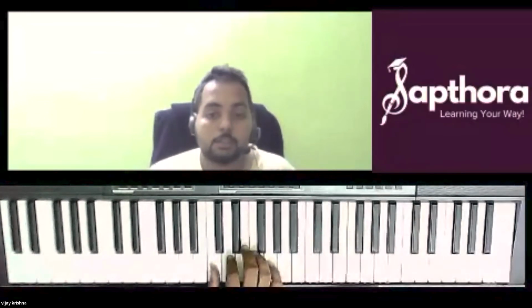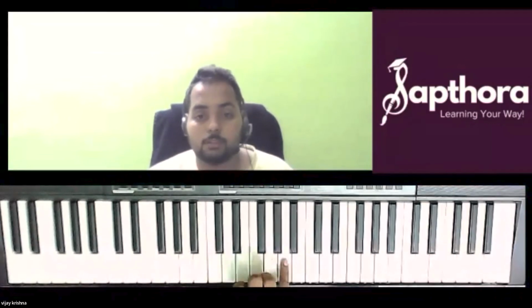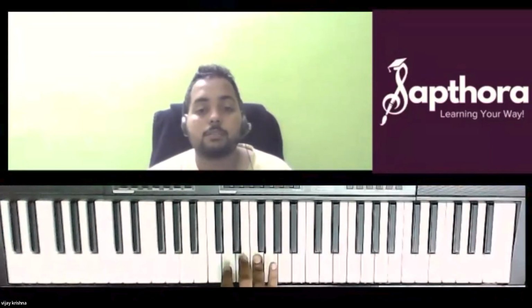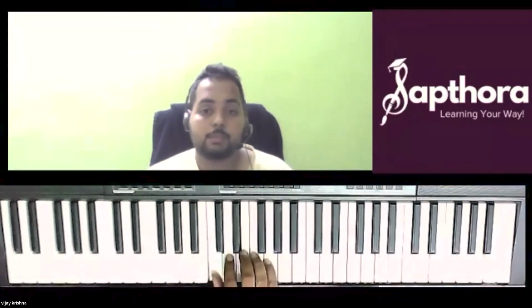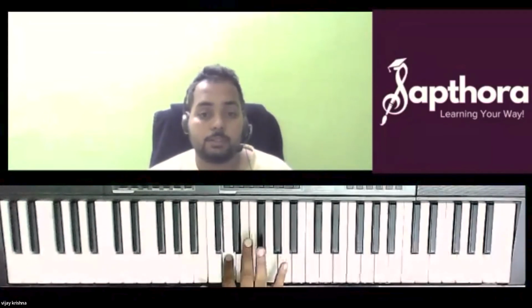We need to start the C note with our thumb and play C, C, and then the little finger G, G, and move the little finger to the A note, A, and back to the G, G, and F, E, D, C, and G, G, F, E, D.